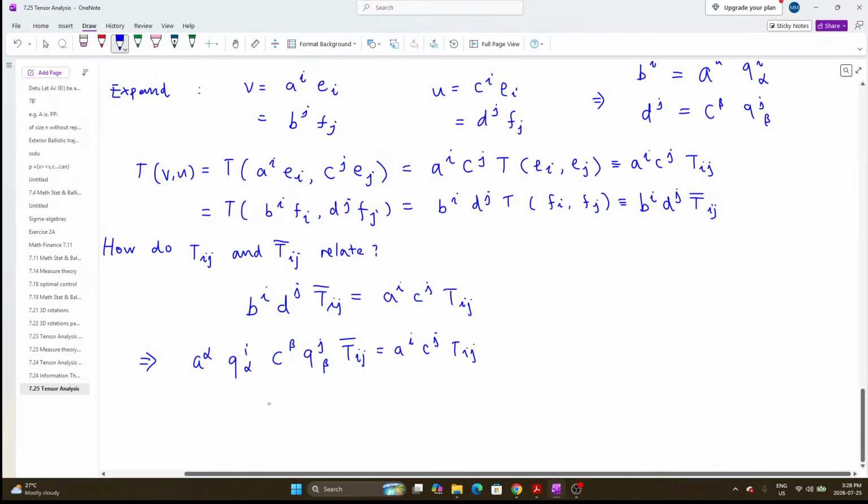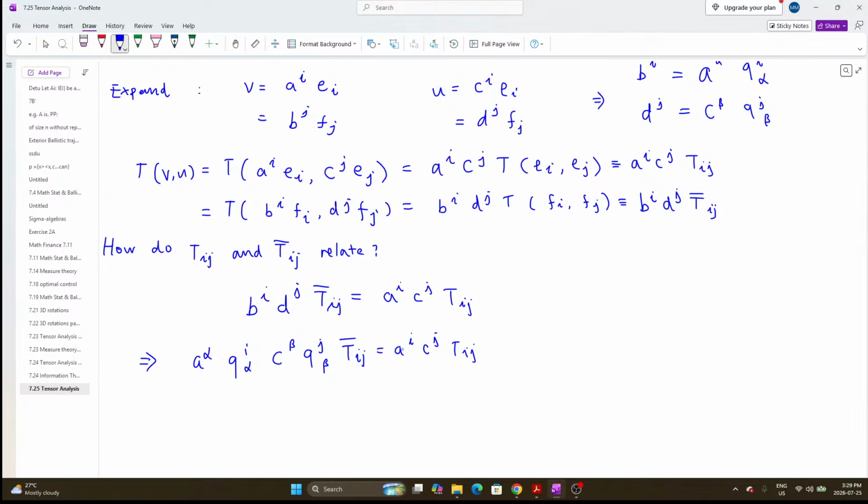All right, so let's take a look at what is going on here. On the left, what are the free indices? On both left and right, IJ are the free indices, but here you have alpha and beta. So you want to swap alpha and beta.